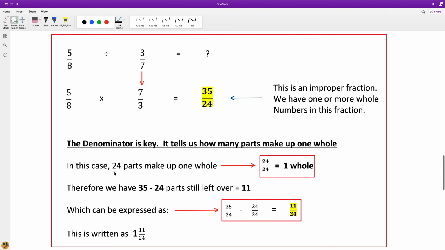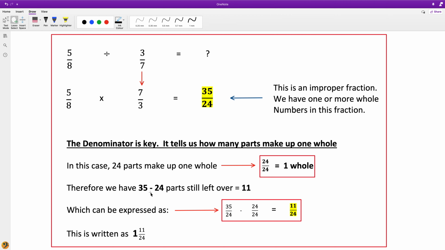Because 24 parts make up one whole number in this example, we would have 24 out of 24 making up one whole number. So we use 24 of these 35 parts to give us a whole number here.